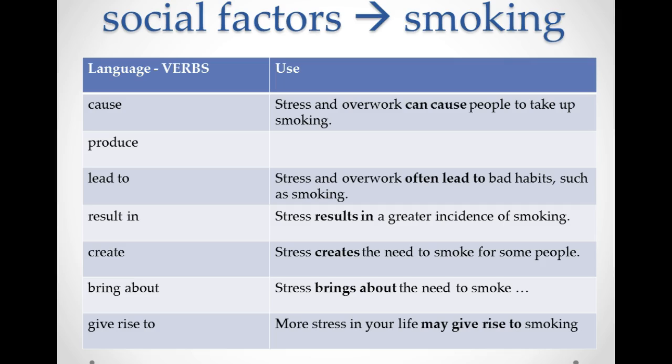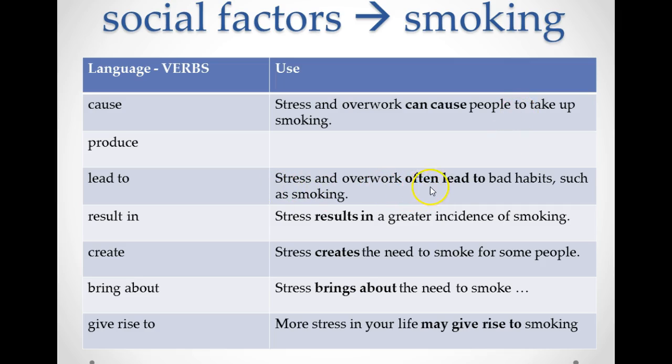Okay, let's begin straight away. This list shows you verbs that you can use to explain cause. The verbs are on the left, and these sentences show you how to use the verbs. So stress and overwork can cause people to take up smoking.